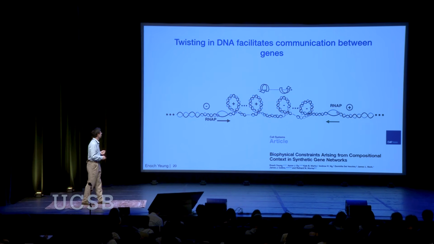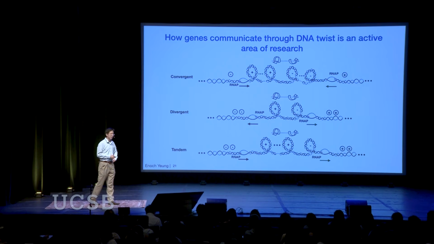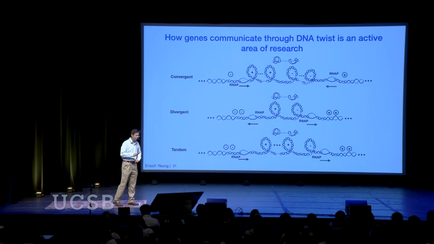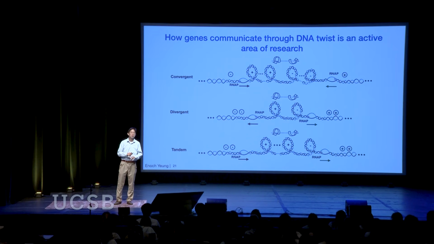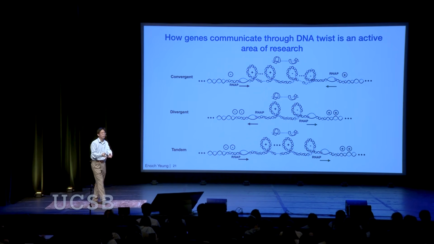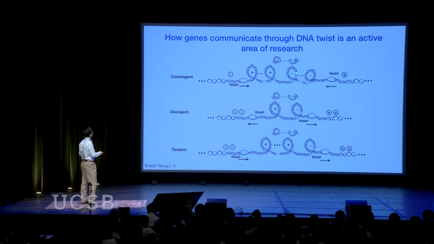Now let's look at this a little bit more. Let's consider now all three possible scenarios that we might encounter when we look at just two genes. As we consider 3 genes, 4 genes, 5 genes, the number of possible combinations of ways that things can talk to each other increases combinatorially, all right? But if we look here, we can see that convergent genes are going to produce a domain of positive and negative twist, where transcription is driving that twist against each other so that there's this sort of opposing logic, all right?